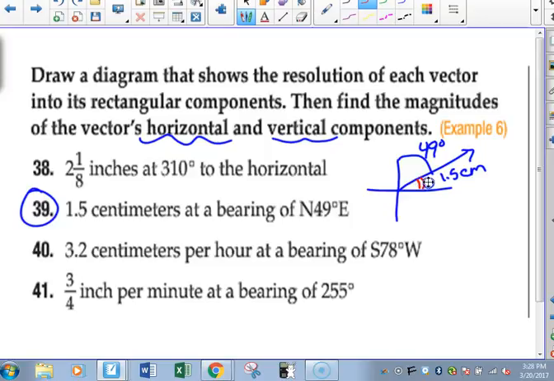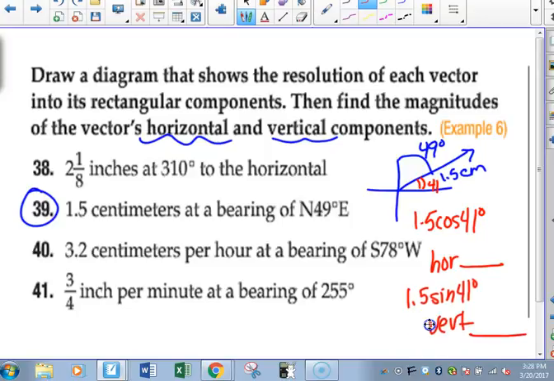This angle would actually be 41. Does that seem right? So you will type 1.5 cosine of 41, and that will be the horizontal component. And then you'll type 1.5 sine of 41, and that will be the vertical component. Does that make sense? Some of you weren't here when we did those easy ones, and you're going to read the directions and go, ah. Because yes, this is number 39, and it's easier than the ones we were doing.